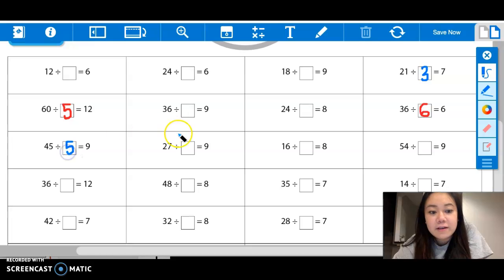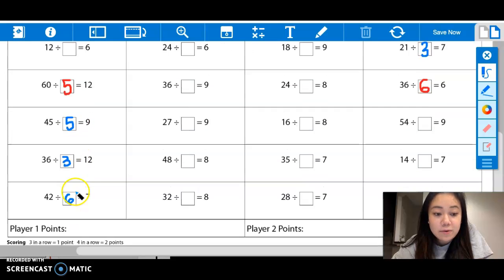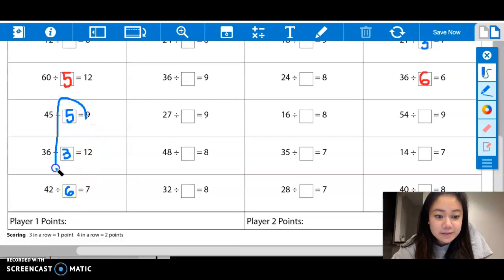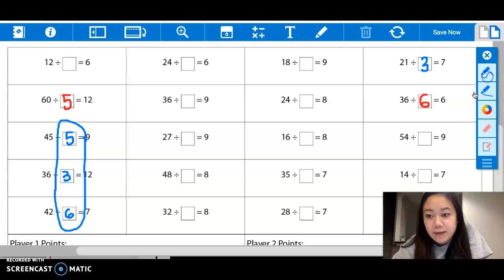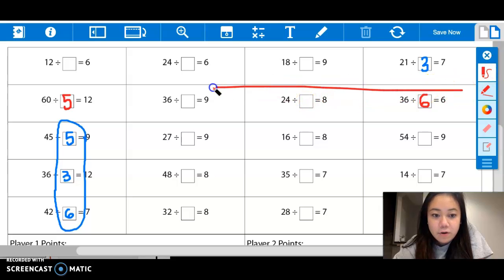Okay, so you keep switching turns, and let's say that 36 divided by something, that's 3. And let's pretend that you got these in a row. I would circle this here. And then let's pretend that red got all of these.